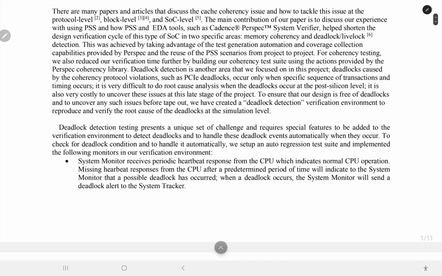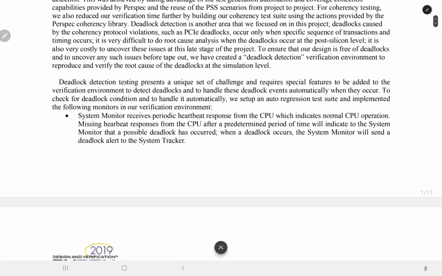Deadlock detection testing presents a unique set of challenges and requires specific features to be added to the verification environment to detect deadlocks and to handle the deadlock event automatically when it occurs. To check the deadlock condition and handle it automatically, we set up an auto-regression test suite and implemented the following monitors in our verification environment.